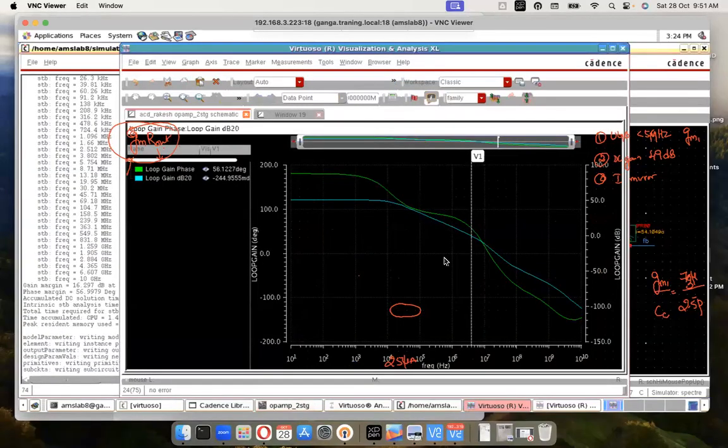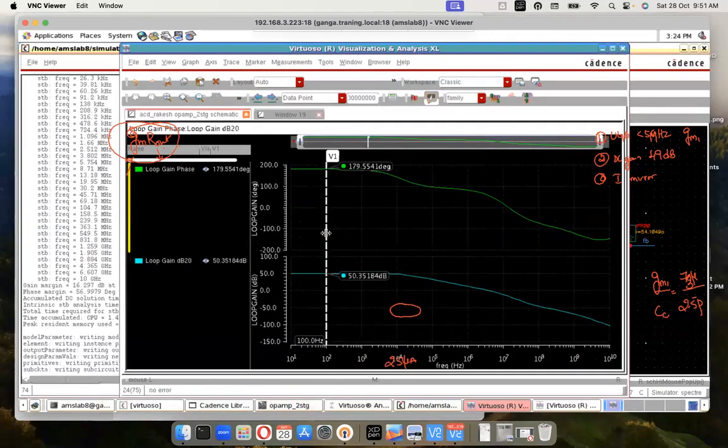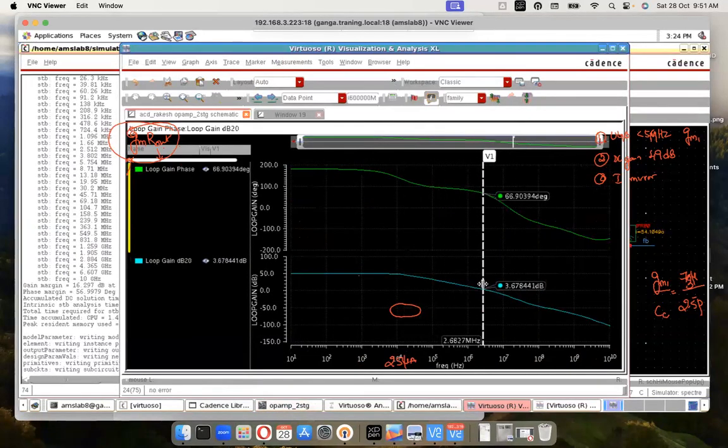What's the DC gain? You see 50.3. There is a slight increase in the DC gain as well. Phase margin has now reduced. It has become 58 degrees.